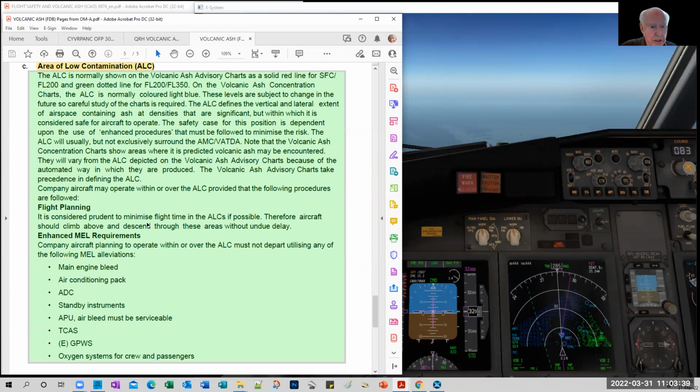It is considered prudent to minimize flight time in the ALCs if possible. Therefore, aircraft should climb above and descend through these areas without undue delay. The descent through this is what's recommended in the QRH, in one particular circumstance, and we'll look at that in a while.